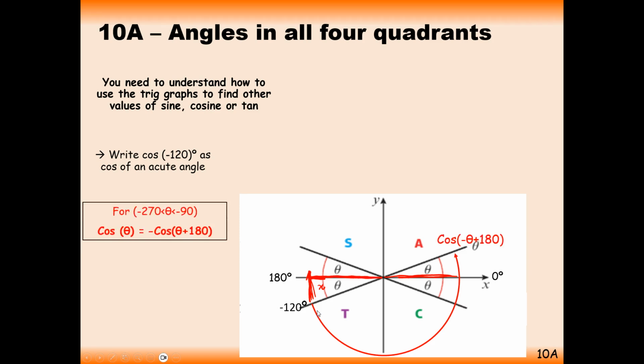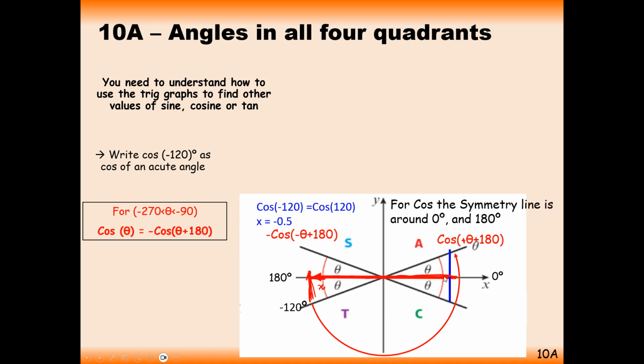So we're going to add 180 to this angle here. It's a negative angle, so I'll put a minus sign in front of theta, but in general the rule is that if you add 180 to theta inside the cos function, then you have to put a minus sign in front of it, because you see these blue triangles here.